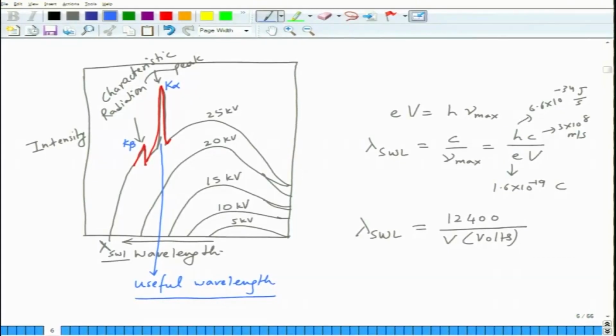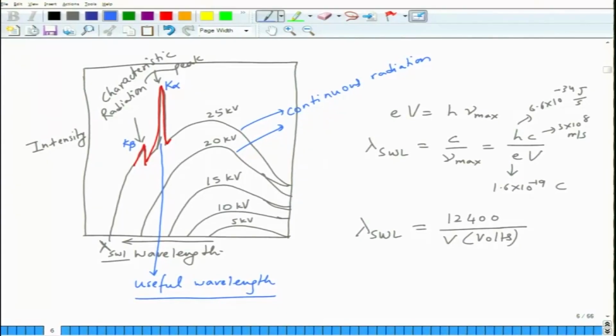And these plots are called continuous radiation because they are basically continuous contours. They give you the overall what you get out of a material at a given voltage. They have all sorts of X-rays, and the intensity changes as a function of wavelength, but there is no very sharp peak at lower voltages.